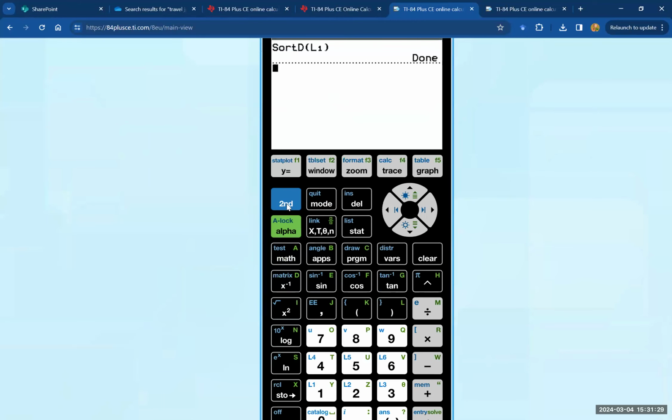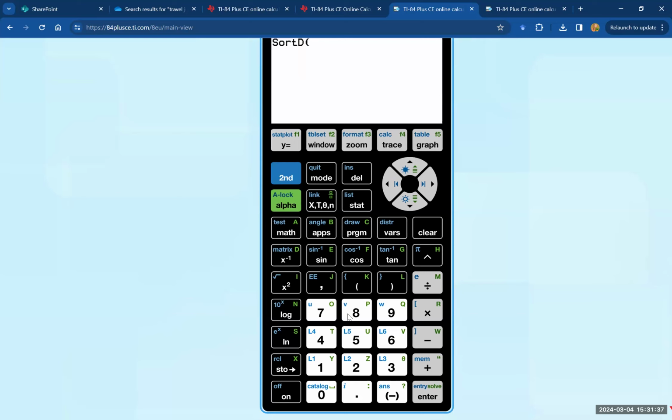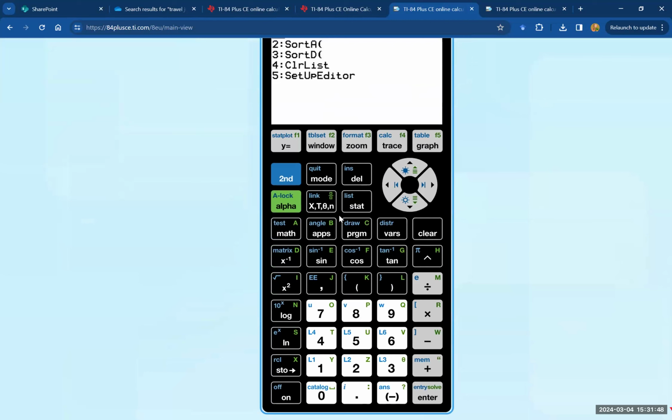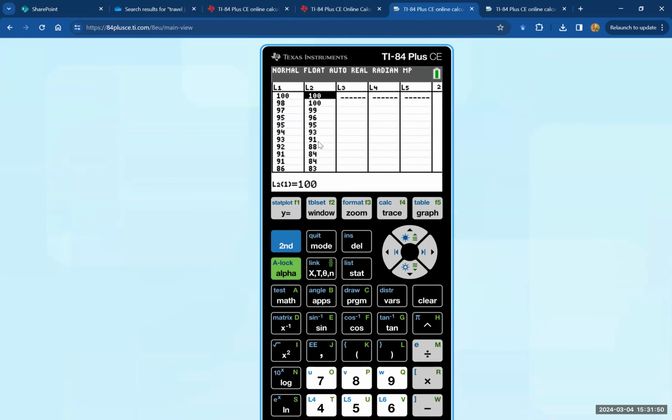And I'm going to go ahead and sort L2. And the reason we sort them is because it puts them obviously in order from least to greatest, but there might be some things that we can identify.